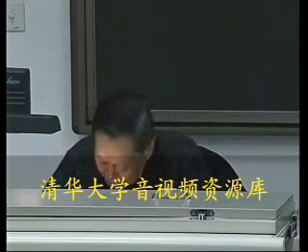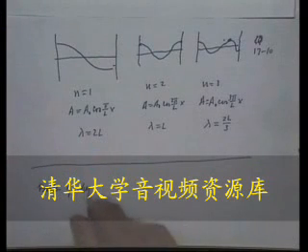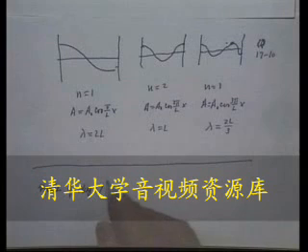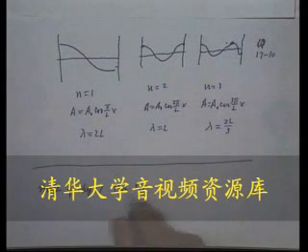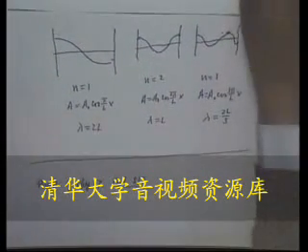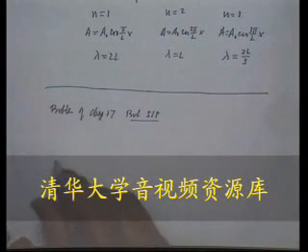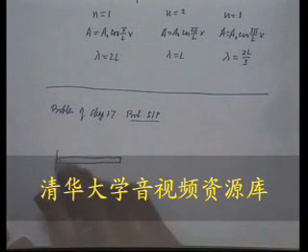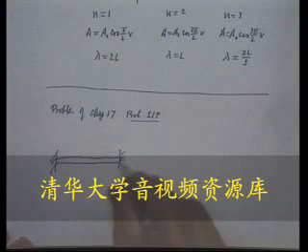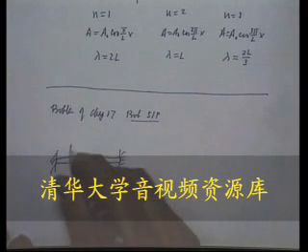Now let us discuss a problem of chapter 17, problem 51P. The problem is a string, but this string is a bit strange. It consists of two different materials.